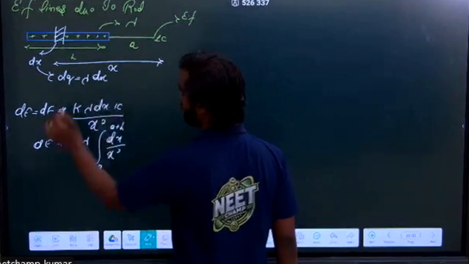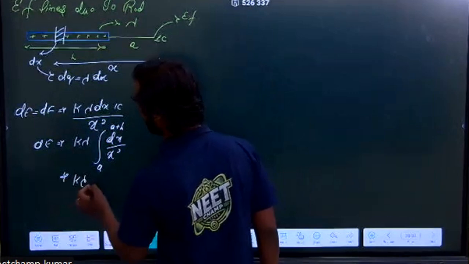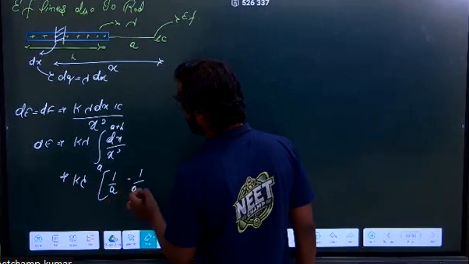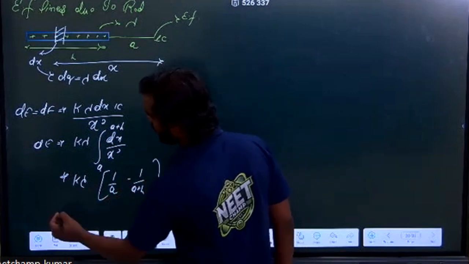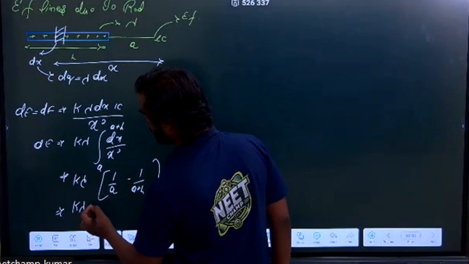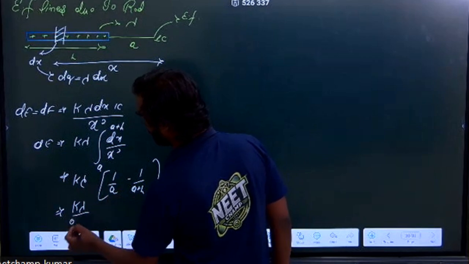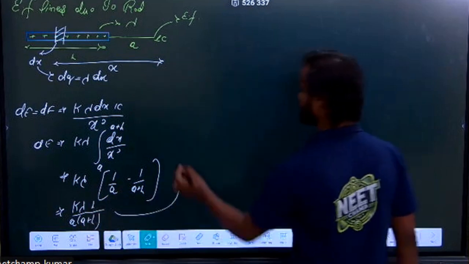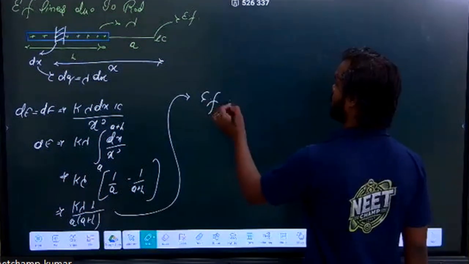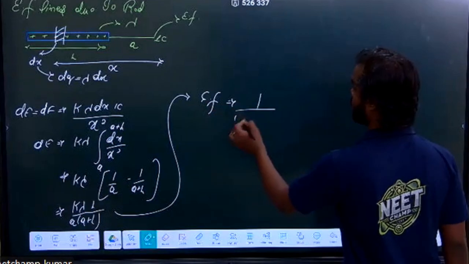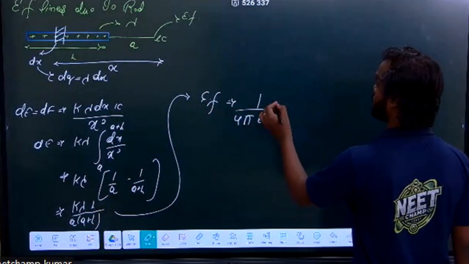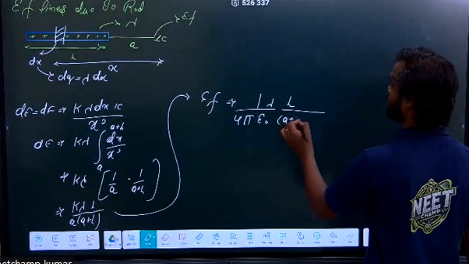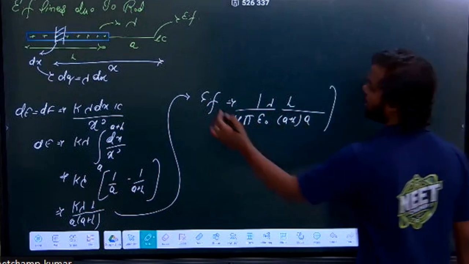Integrating, we get k lambda times (1 by a minus 1 upon a plus l), which is k lambda l upon a into a plus l. So the electric field at this point is 1 by 4 pi epsilon naught into lambda l divided by a into a plus l.